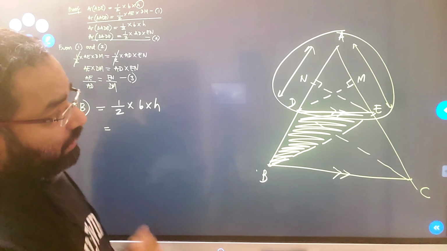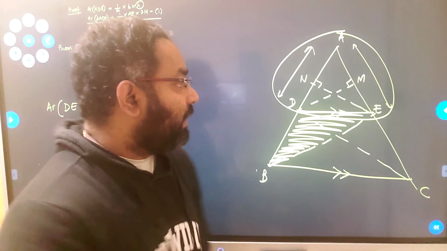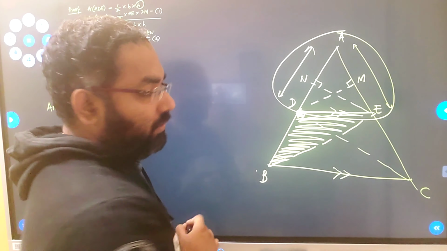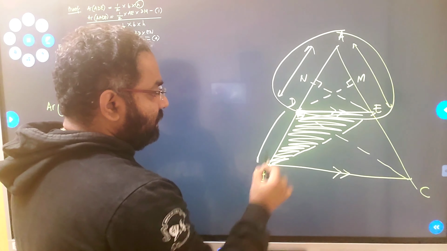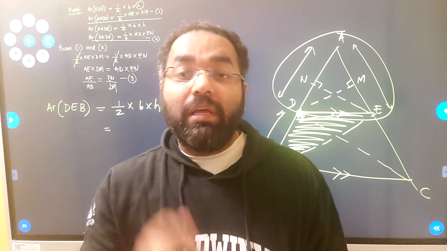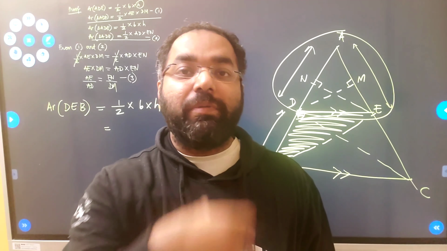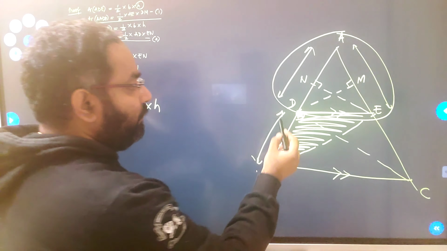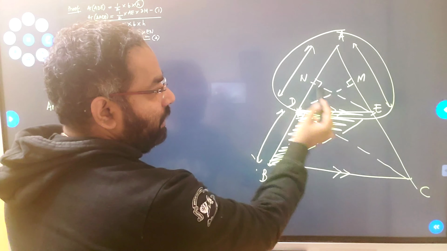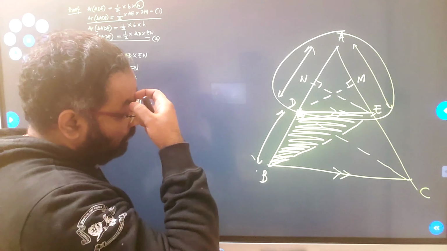Now please be very careful here. When you're finding the area of this triangle, this is an obtuse angle triangle because this is an obtuse angle that you see here. We all know that for an obtuse angle triangle, the height is always an exterior height, which means it is outside the triangle. So if I take this as the base of the triangle, this continues to be the height. I hope all of you are able to follow this.